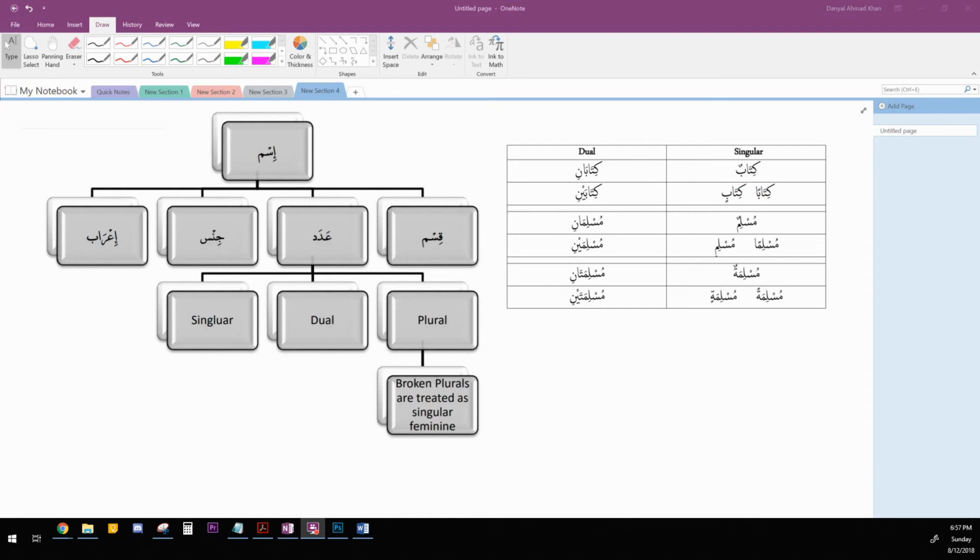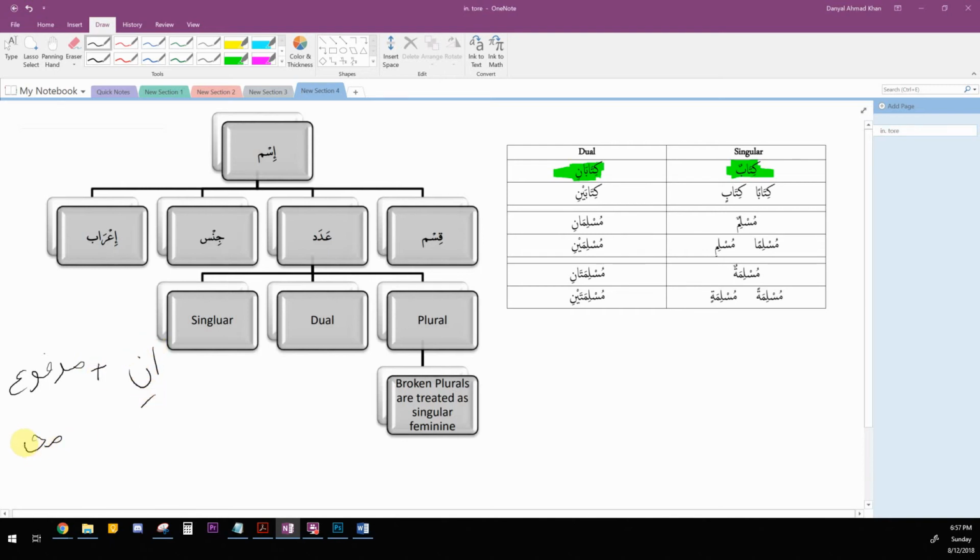And here we have a convenient chart which allows you to see it in summarized form. So you have kitabun, which is marfu', and you have kitabani. We said you have to add the alif nun. Let me write that down again so it's clear. For marfu', you add alif nun.